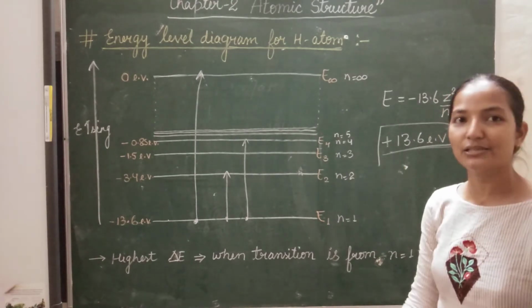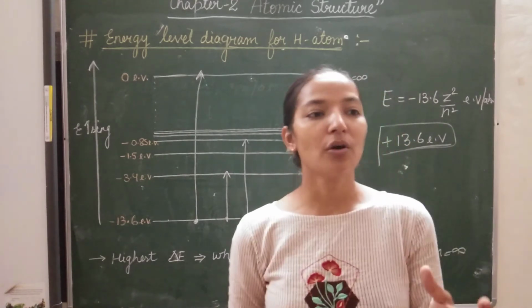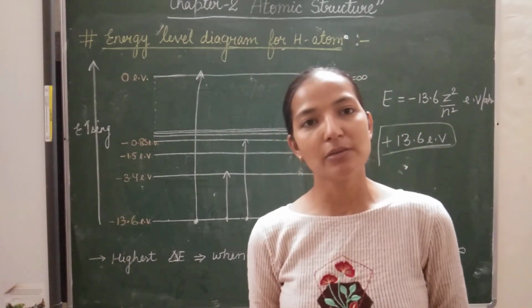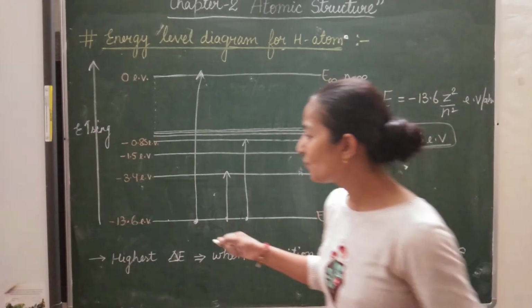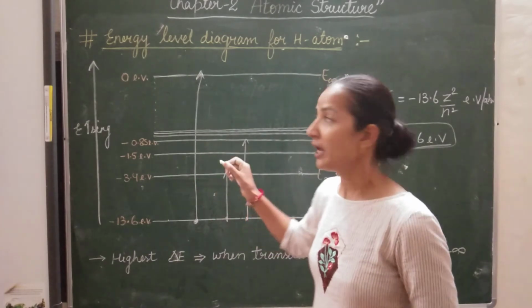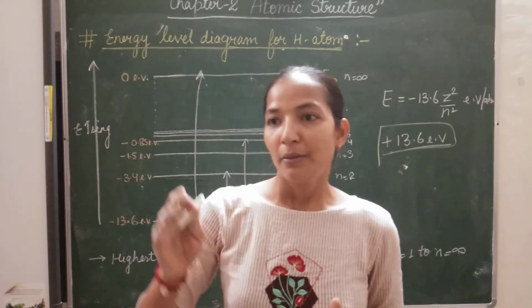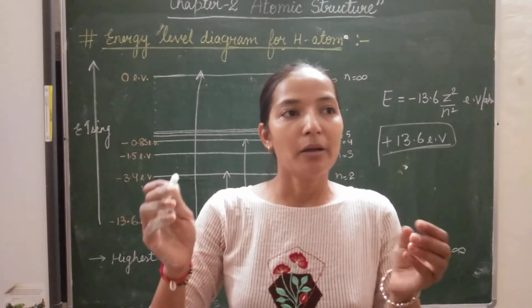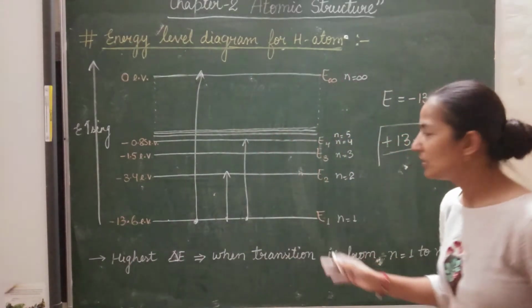So the electron absorbs the highest amount of energy when the transition is from n is equals to 1 to n is equals to infinity. At infinity, the electron gets so much energy that it gets out of the atom. So this is the energy level diagram.